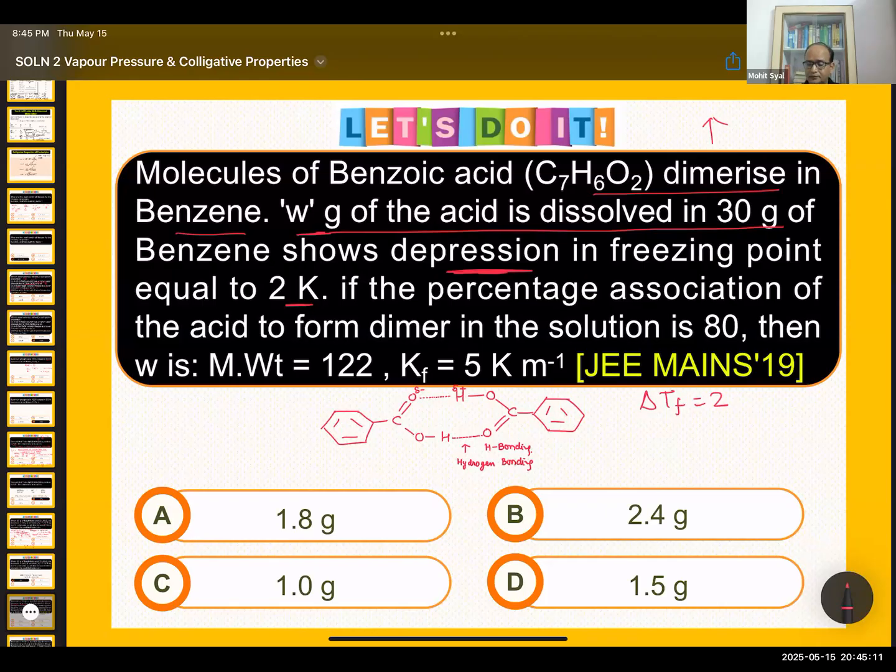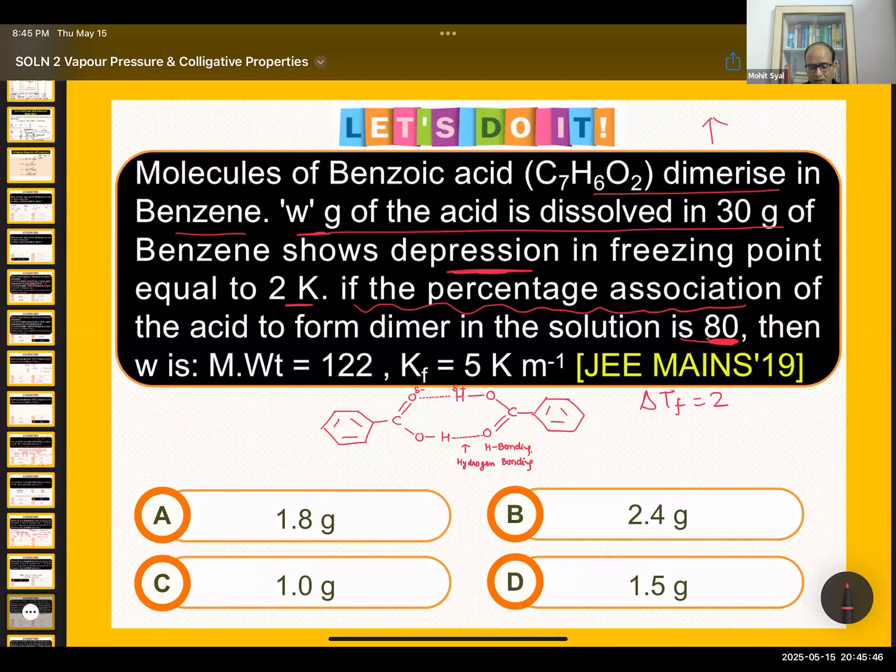I need to figure out what the molality is. W gram of the acid is dissolved in 30 grams of benzene. If the percentage association, this is very important, is 80%, it means 80% of it is existing in the form of a dimer.